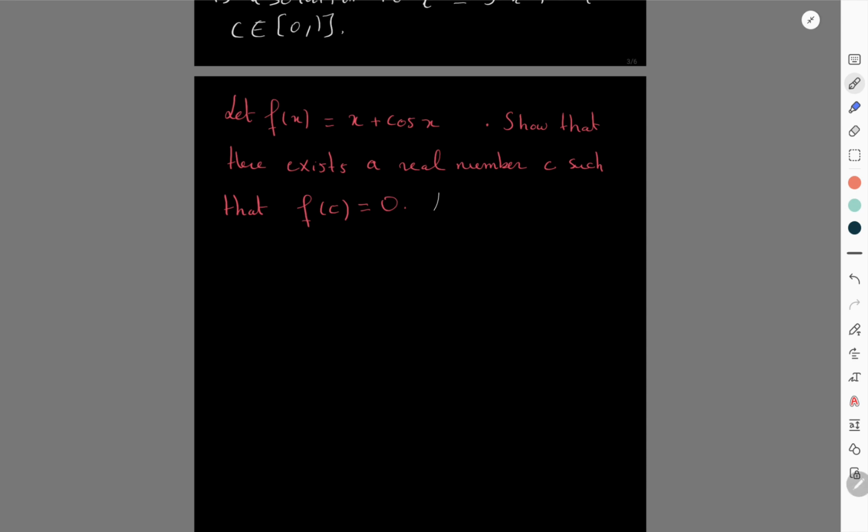Here I'm not given the interval AB. We're not given the interval. So what we gotta do is that we have to find it.